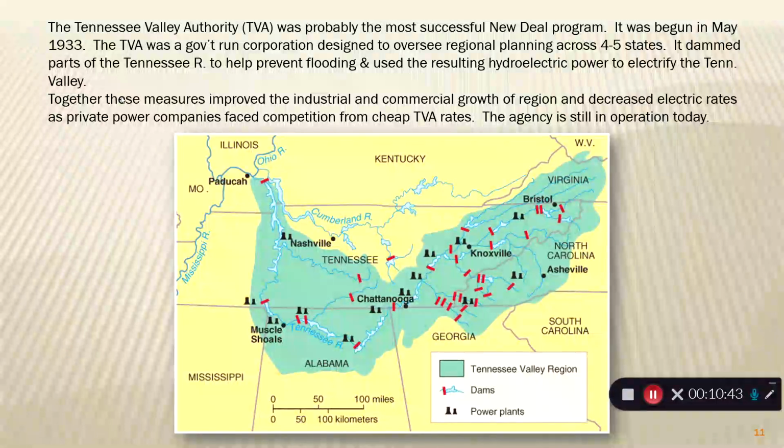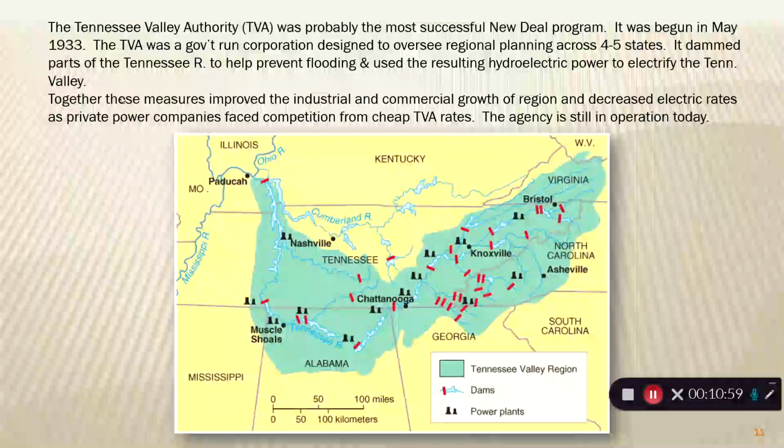The TVA is basically centered along the Tennessee River Valley, and that stretches all the way from parts of Virginia through North Carolina, parts of Georgia and Alabama, but it's primarily, of course, in Tennessee itself.